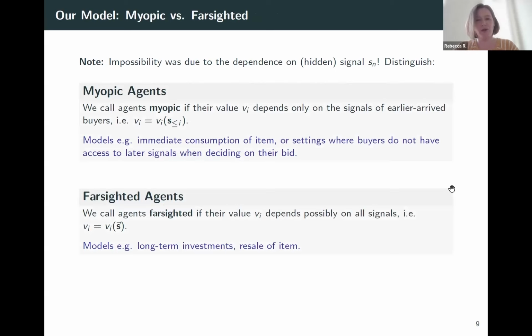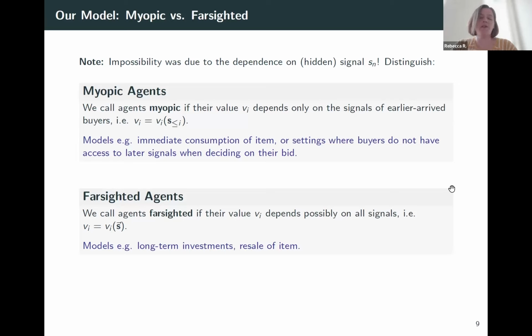What we're going to do is take 2 different types of agents, define them, and then look at whether we have agent type A or B. The first one will be myopic agents. Let's say you want to buy something in an open auction, and bids are just collected publicly until somebody gets the item. Then the auction stops.